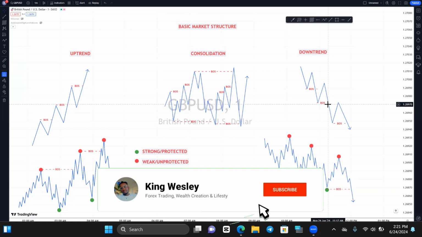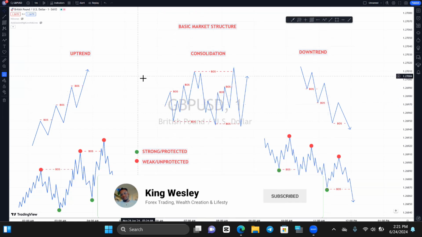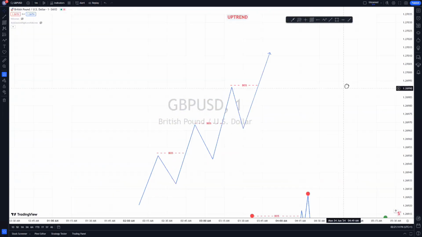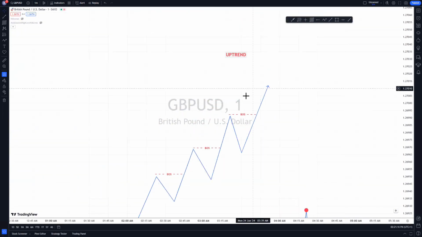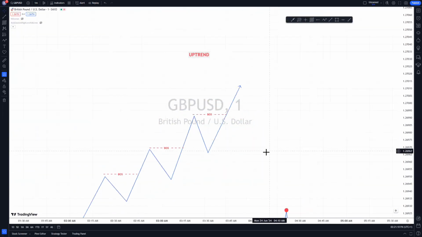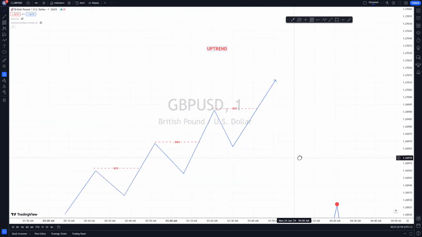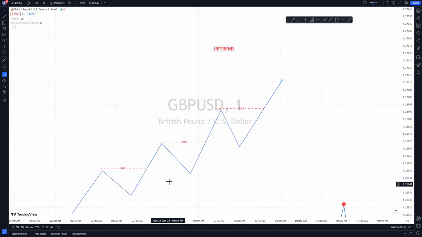Now, I want you to understand some things about the uptrend market. This is a basic illustration of the uptrend market, in as much as price does not move this smoothly. But this is a basic illustration of the uptrend market. Now I want you to also know that an uptrend is made up of two things.